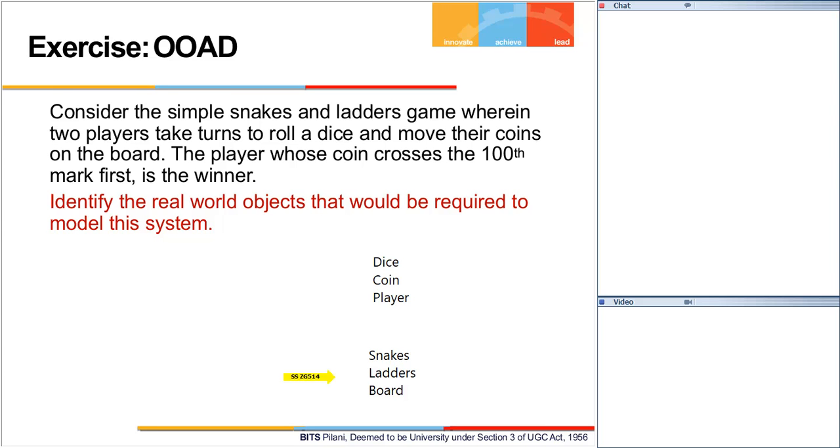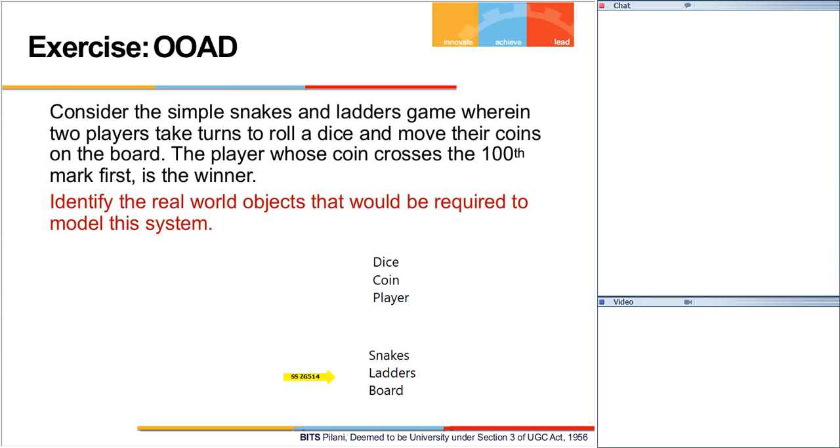Now this even answers one question which is going on in the chat, which says that we have been told that all nouns are domain objects. Right? All nouns are real world objects. So if we see this question, there are snakes as well as there are ladders, which are nouns, and according to that, they do fall in the category of domain concepts, right?